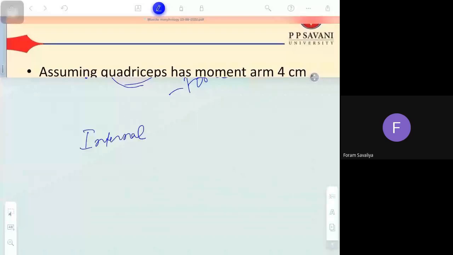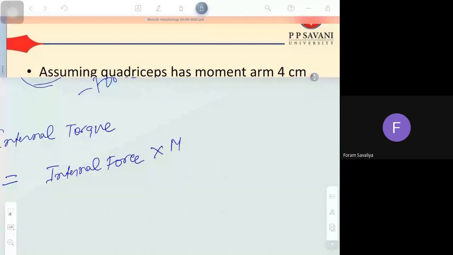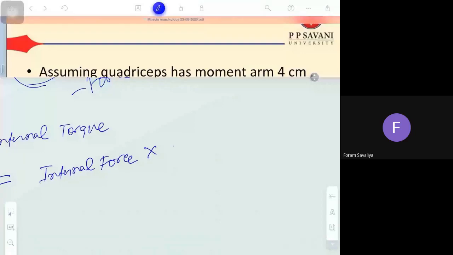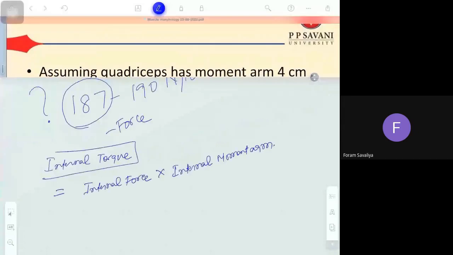Internal torque is equal to internal force multiplied by internal moment arm. I think you remember this formula.